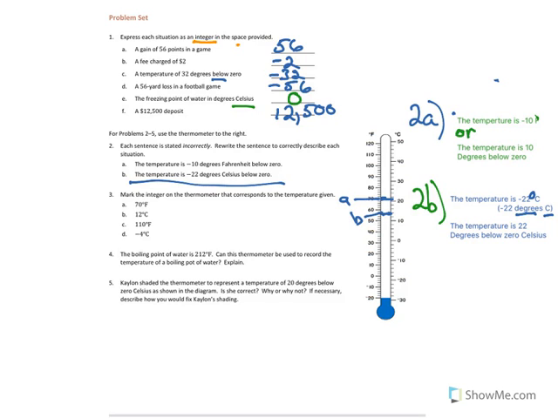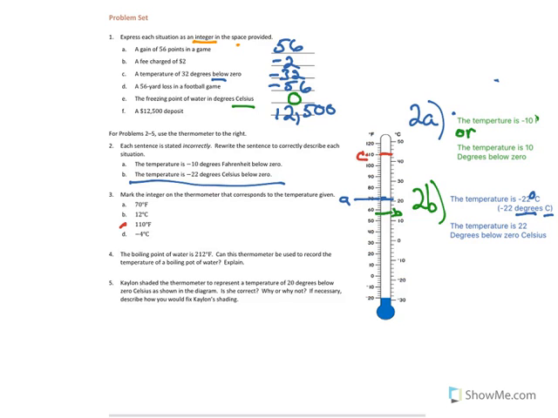The next one is 110 degrees Fahrenheit. Well, you know that has to be on the left-hand side. In fact, let me change this over here. Let's make B the green one. Okay. C, I'll make that one be the red one. 110 degrees Fahrenheit would be right here.